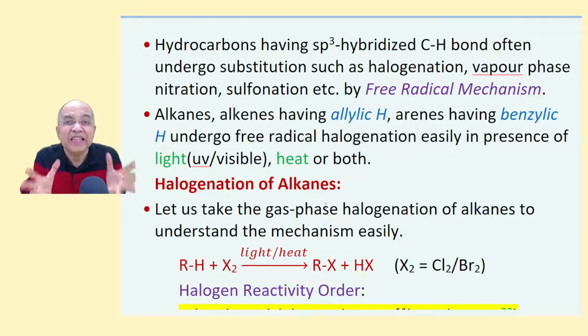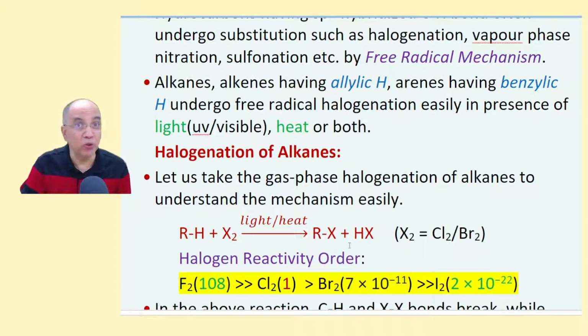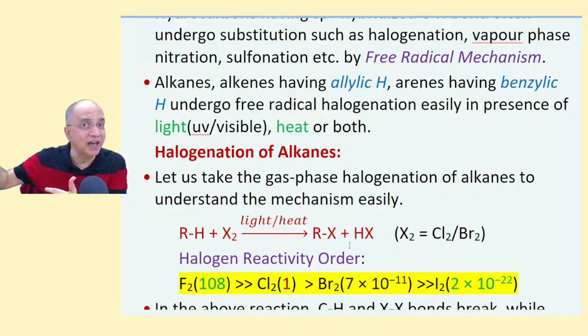That is the easiest way to understand the mechanism, how the free radical process occurs during halogenation. We can extend the same concept to alkenes having allylic hydrogen and arenes having benzylic hydrogens.